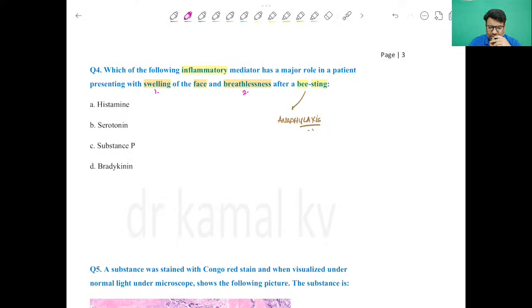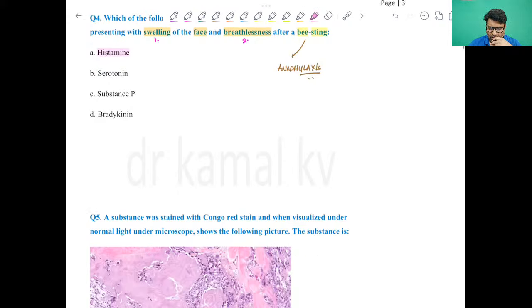So what can be the answer here? Yes, it is absolutely right. This is histamine, which is a mediator of allergy or anaphylaxis. Clear? Yes, Varsha, this is histamine, classically causing swelling over face and breathlessness, particularly after bee sting.